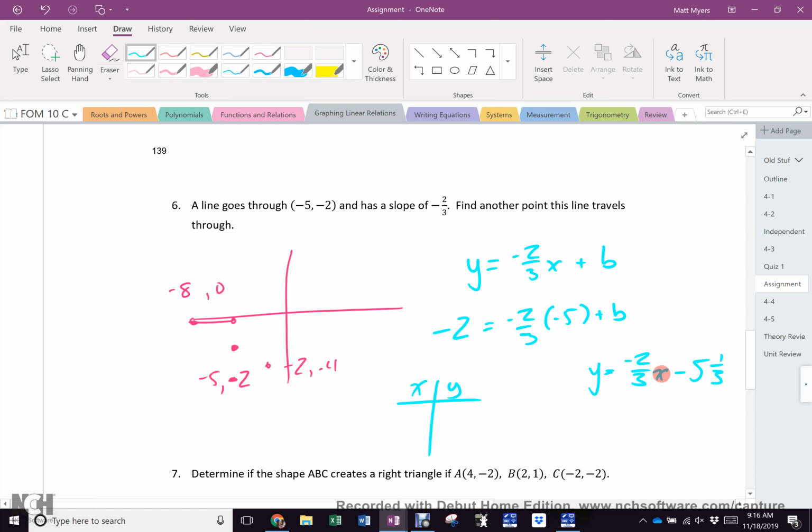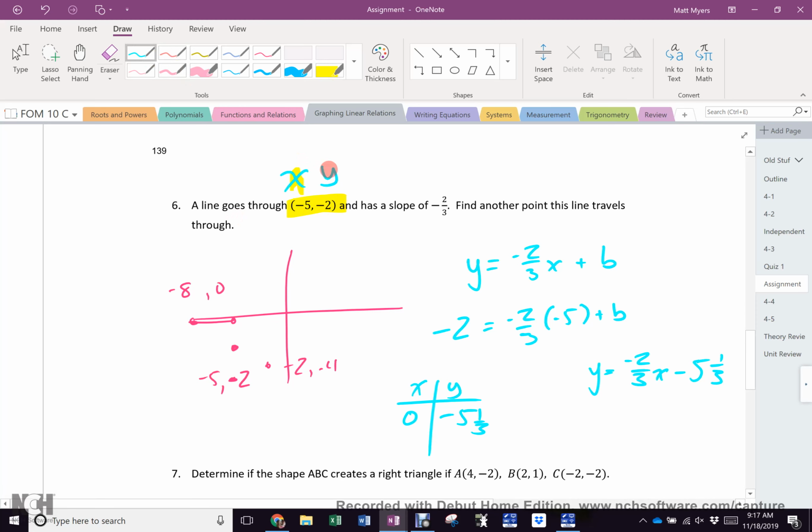What would be the easiest number to sub in for x? 0. So when x is 0, y would be negative 5 1/3, which is the y-intercept, right? And is that a second point that's on the graph? Yes.